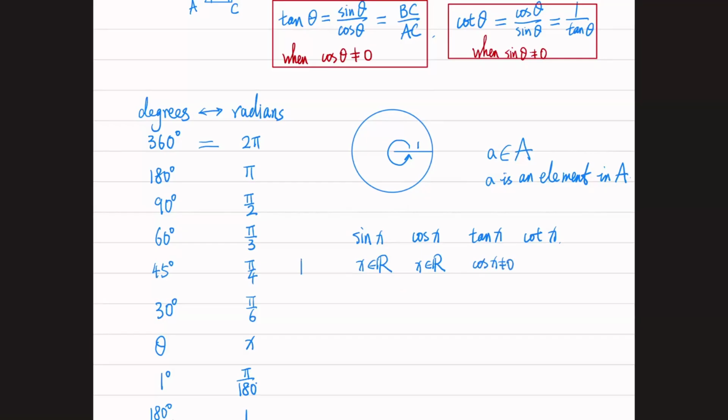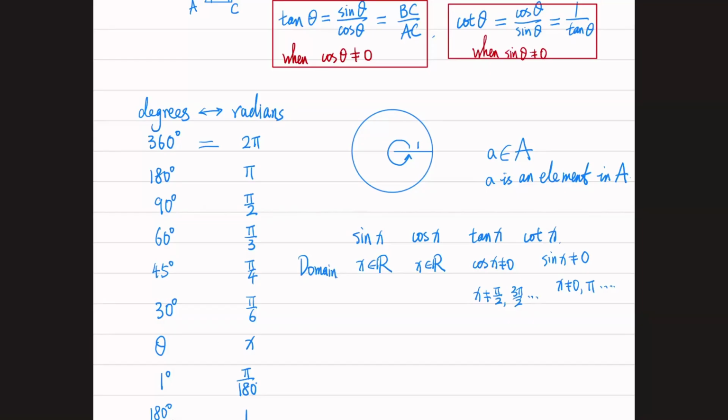What do you call the domain? For tangent, x is not pi over 2, 3 pi over 2. Cotangent, sine is not 0. x cannot be 0, pi.